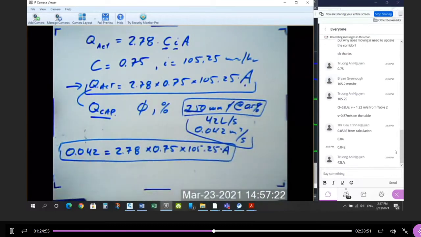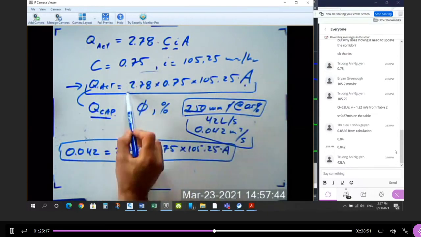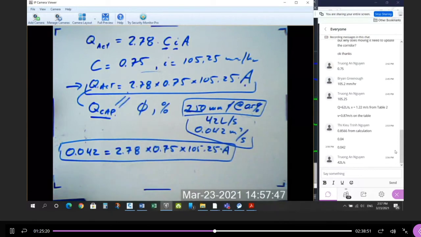Instead of typing in the area all the time and comparing it to the capacity, I'm going to find out what area produces a flow equal to the capacity of the pipe, the largest A you can fit into a 250 millimeter pipe at 0.5%.